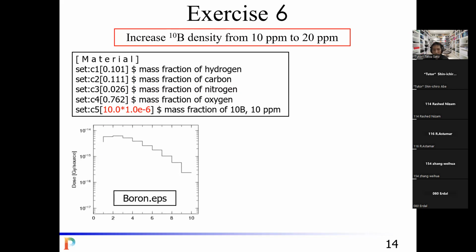Right now it is 10 ppm, so 10 times 10 to the -6. Please change it to 20 and run FITS, and see the difference of the boron dose here. Okay, so let's do this exercise.